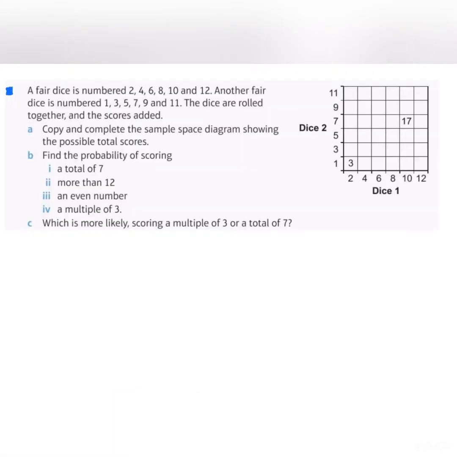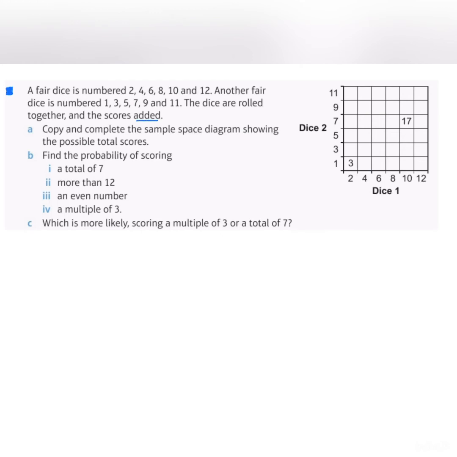Okay, next question. It says a fair dice is numbered 2, 4, 6, 8, 10 and 12, and another fair dice is numbered 1, 3, 5, 7, 9 and 11, and the dice are rolled together and the scores are added.